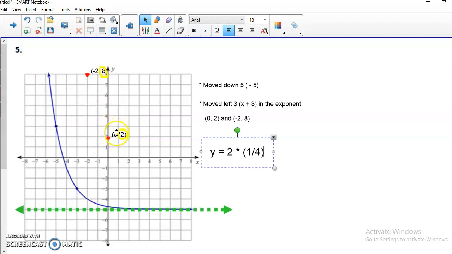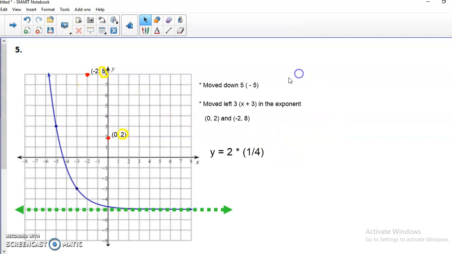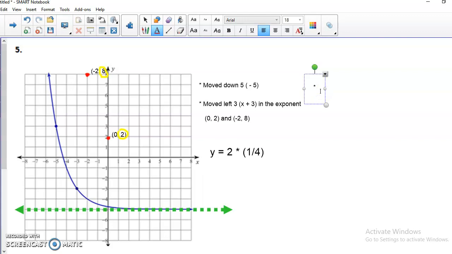So if it doesn't go from 0 to 1 and it goes 0 to 3, that means I stretched by 3. Or even 0 to -4, that means I stretched by 4. This jumps from 0 to -2, which also means that we have a horizontal stretch of 2. So we're going to have to account for that.